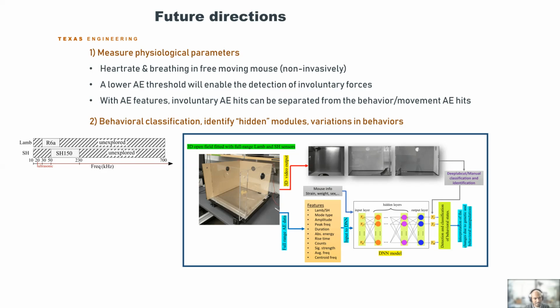There was a change in rearing. There's a subtle change in sniffing. Those things it will be able to identify, and then we can look at the video and see what behavior these variations come from, and also identify hidden modules.